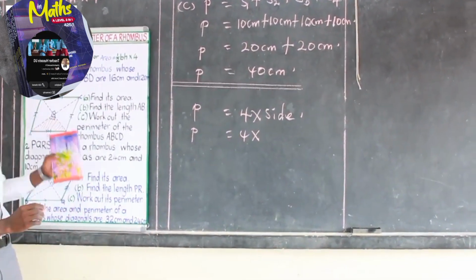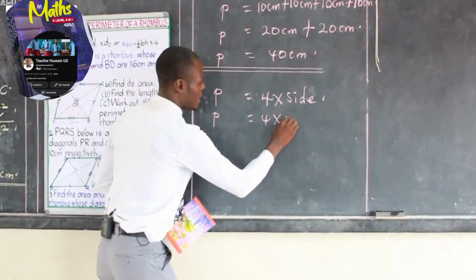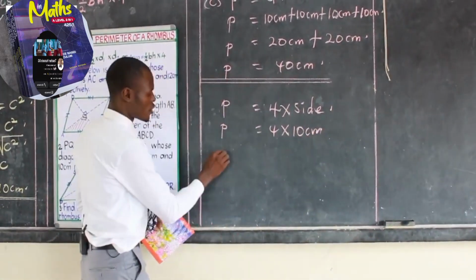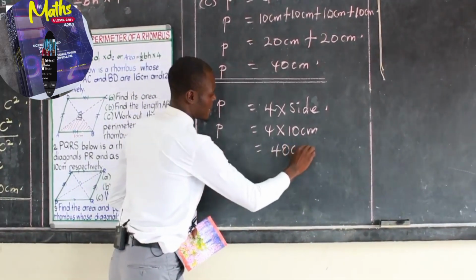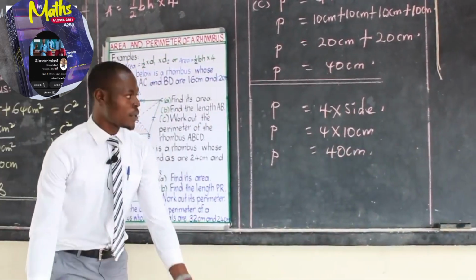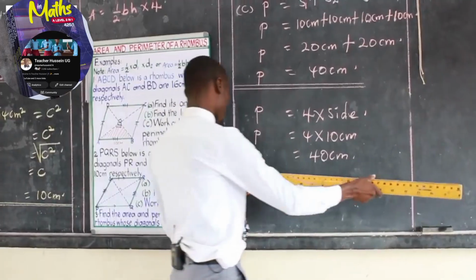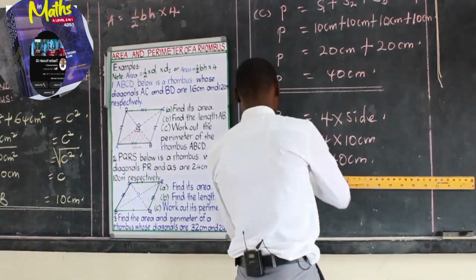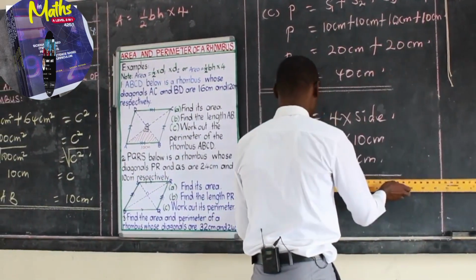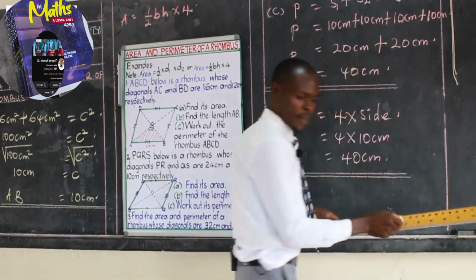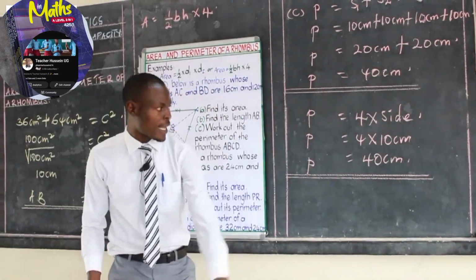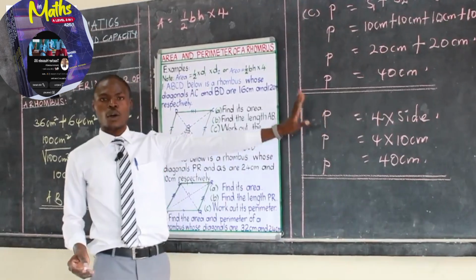We've found that the length of each side is 10 centimeters. So we shall finally get our perimeter as 40 centimeters, and that will be our final answer. Please do the same. Get a ruler and double underline. It's very important. The examiner will find no reason to say that they did not see the answer. At that point, you get all the marks.